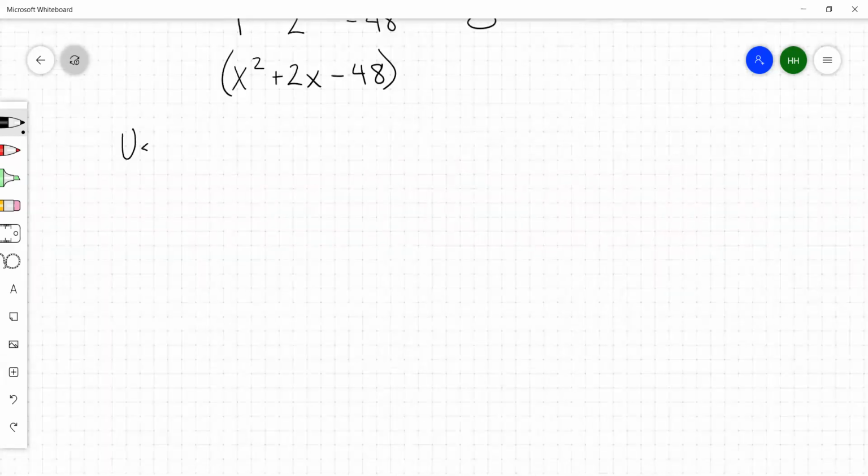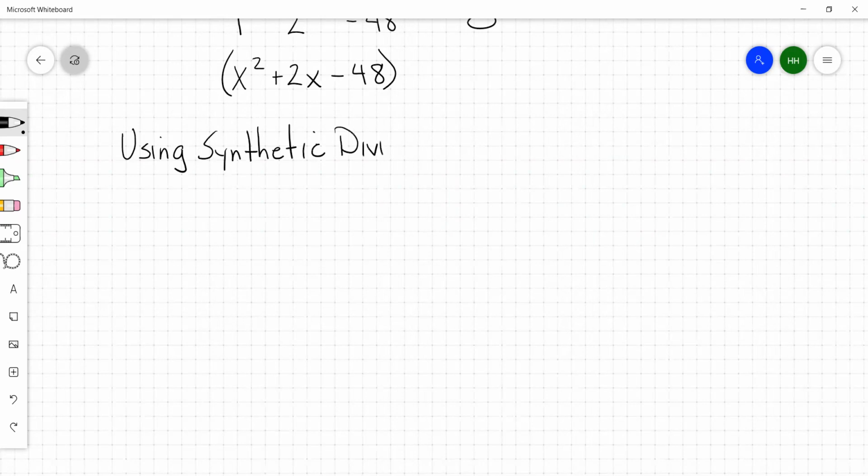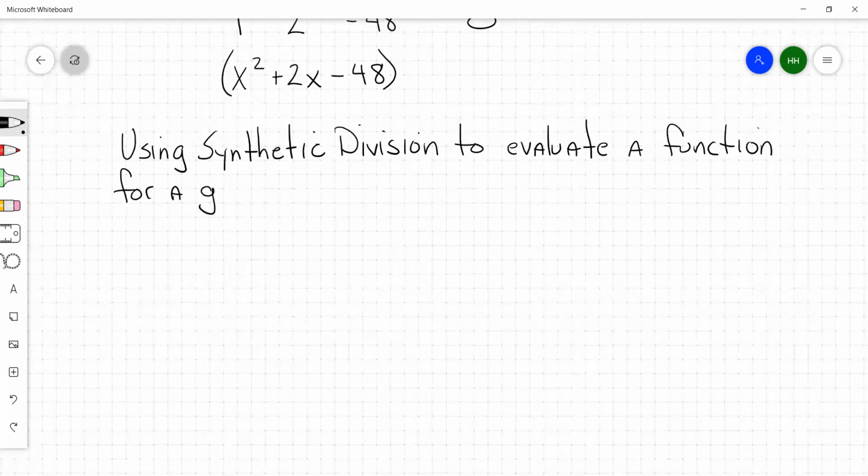This is using synthetic division to evaluate a function for a given value of x.